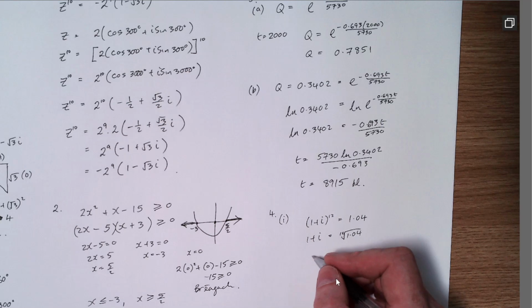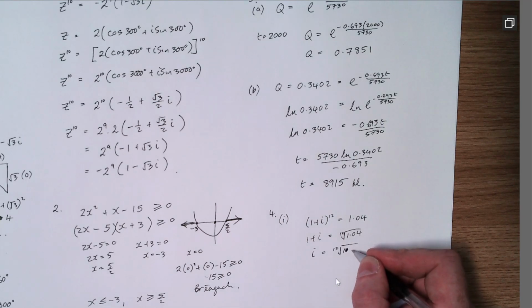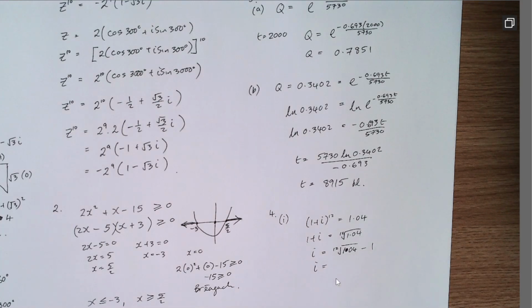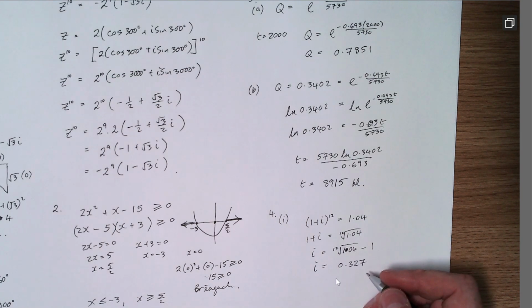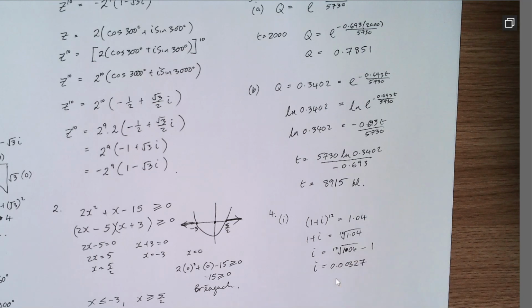So i equals 1.04 to the power of 1 over 12 minus 1, which is 0.00327, which is equivalent to a rate of 0.327%.